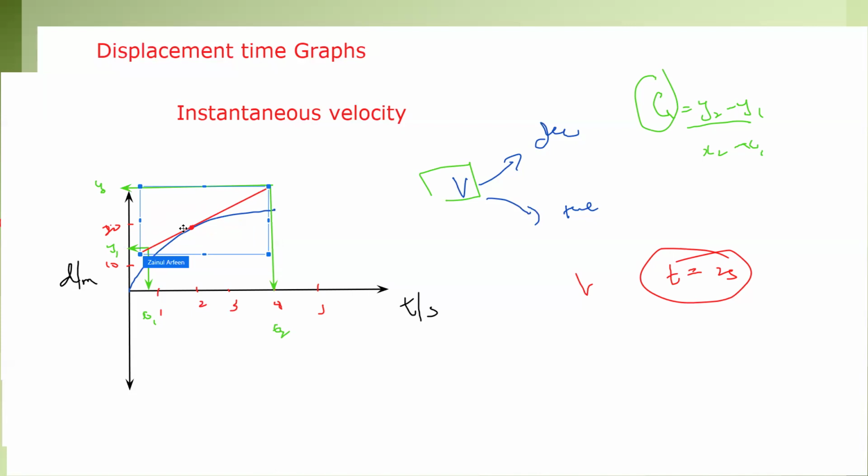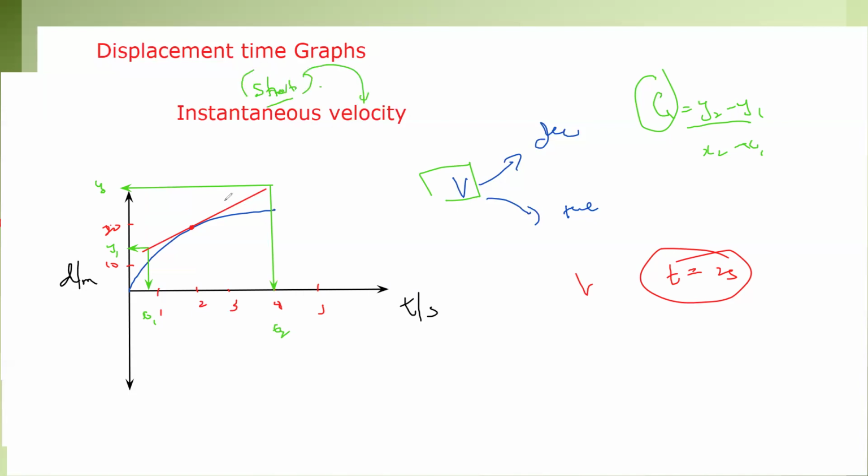Is it clear how to work out the instantaneous velocity? Any doubt in this? It is a decreasing velocity, but instantaneous velocity means velocity at a very short instant of time, a short time interval.